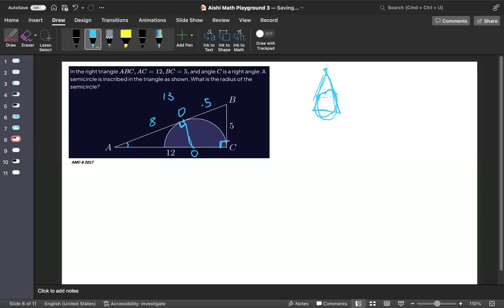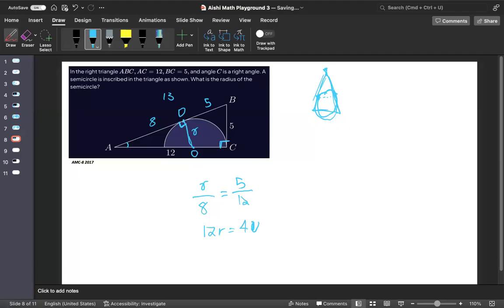So if OD is the radius, we can call it R. So R by 8 is equal to 5 by 12. So 12R is equal to 40.